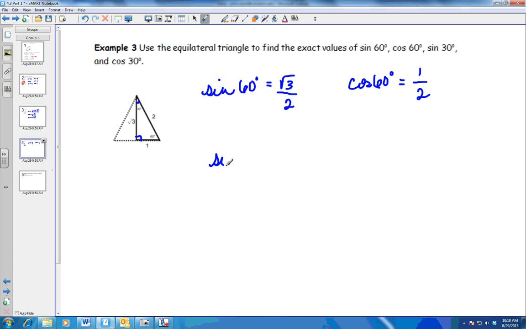Now let's find the sine of 30 degrees. Here's my 30-degree angle, so I'm going to move up here and find the side opposite. The side opposite of 30 is 1. Hypotenuse, 2. So the sine of 30 is 1/2.